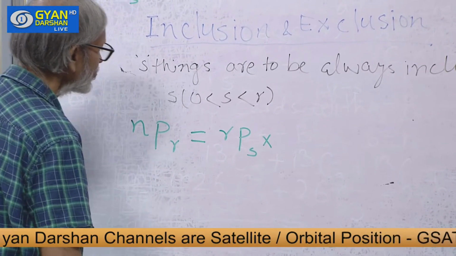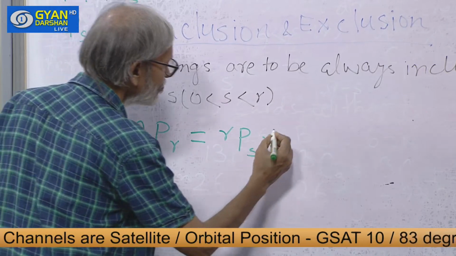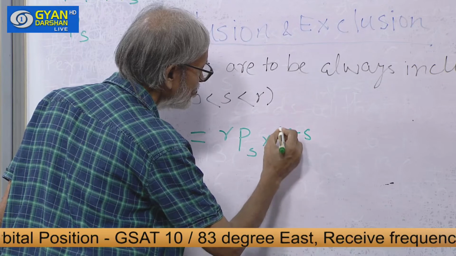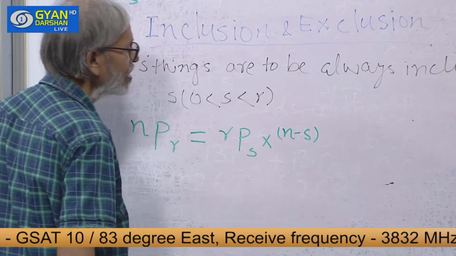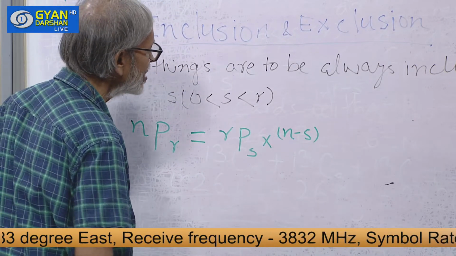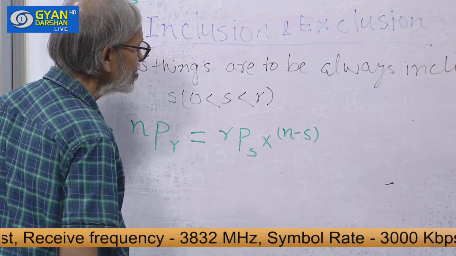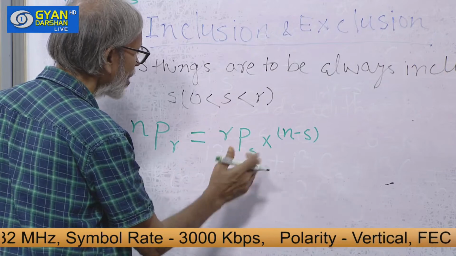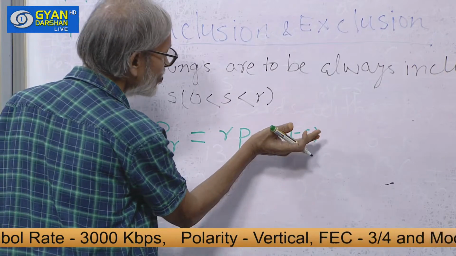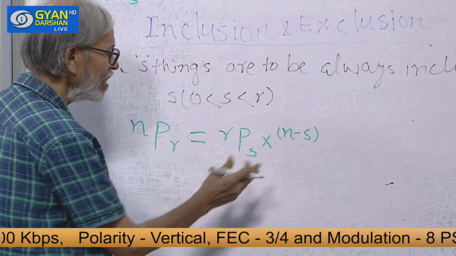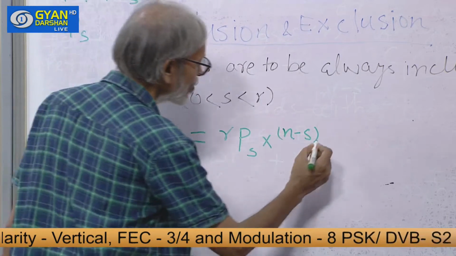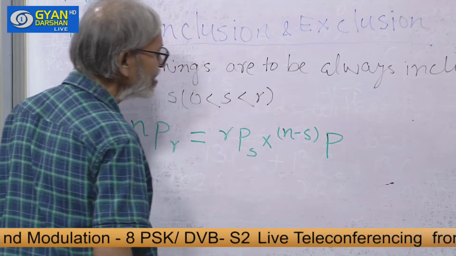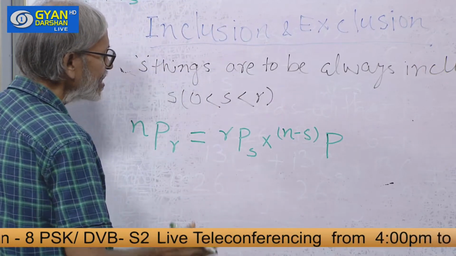Now the number of distinct things remaining will be n minus s, because we have already taken s things in the r places. So, from the remaining n minus s things, we can arrange things at the remaining places.